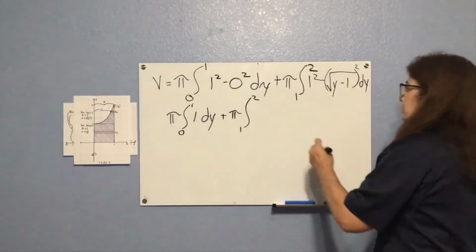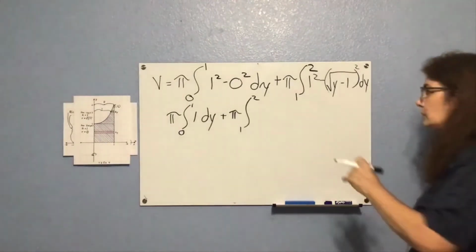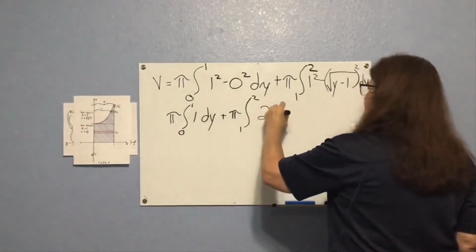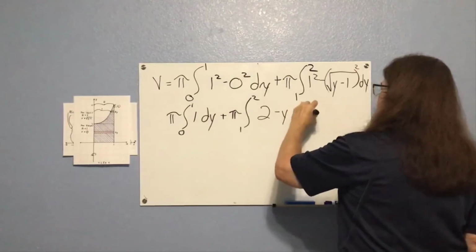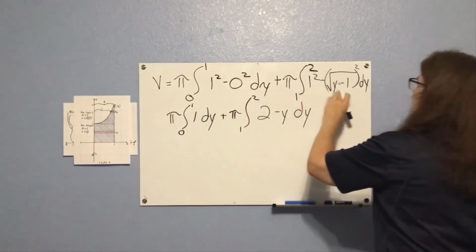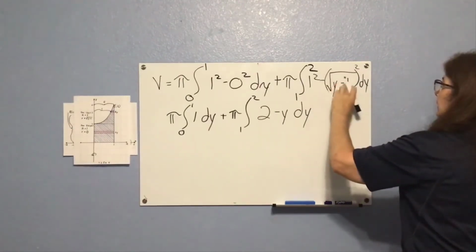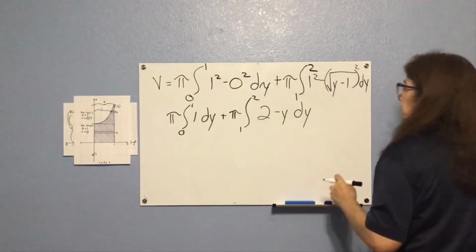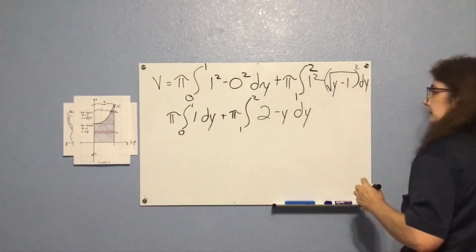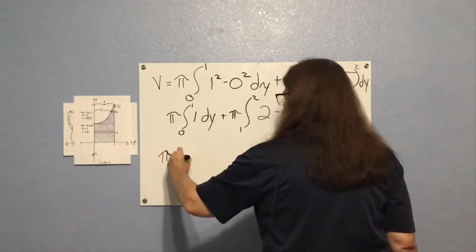When I multiply this all out, I get 2 minus y dy, because this was going to be 1, this is going to be y minus 1, and when I subtract it, I get the positive 2 there. I'm going to go ahead and take the pi all the way out here.